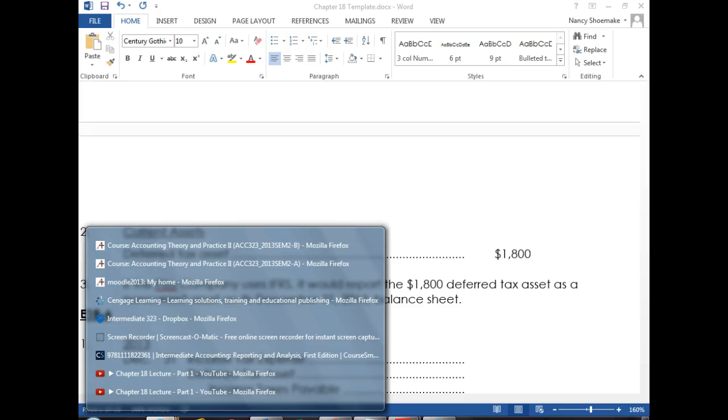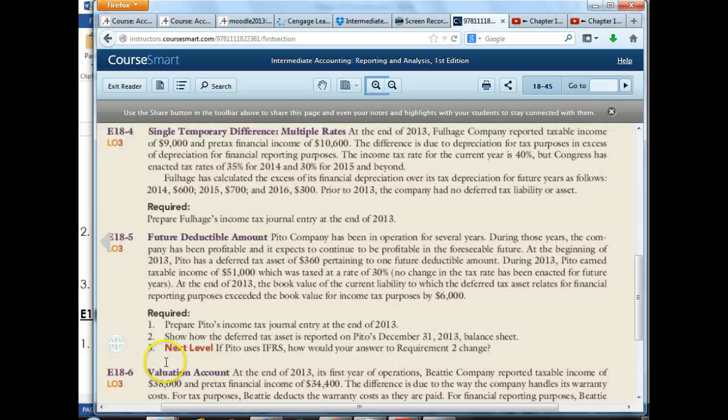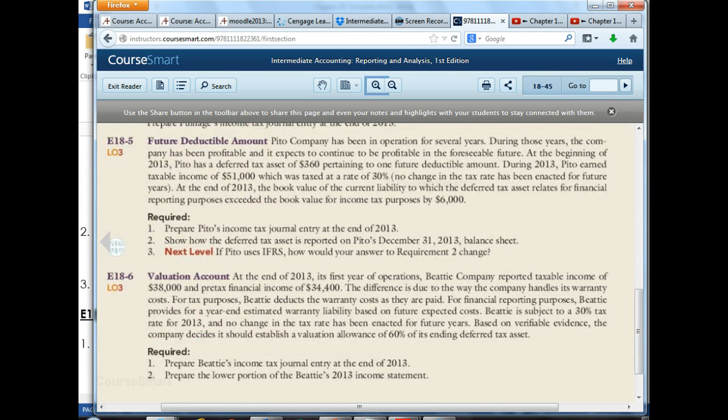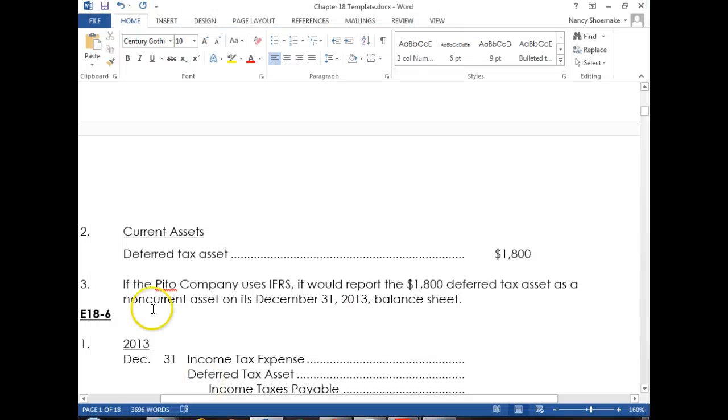Let's look back here, and it says, show how the deferred tax asset is reported in Pito's December 31st balance sheet. So if we look at the balance sheet, we're going to have something called a current asset, and we're showing it as a deferred tax asset.